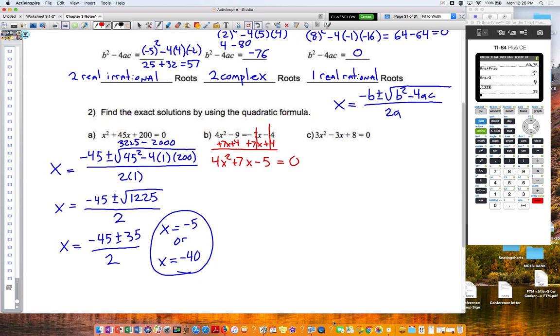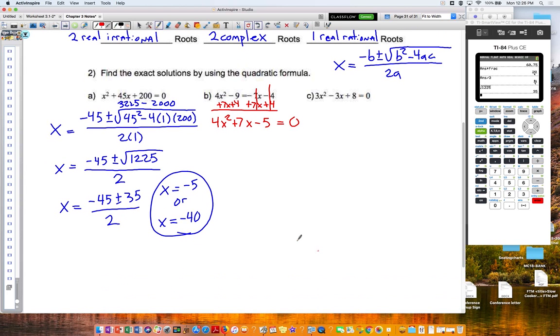So now I'm going to plug it into the quadratic equation. I'm going to move this up so I got a little more space. X equals negative 7 plus or minus the square root of 7 squared minus 4 times 4 times negative 5 all over 2 times 4.